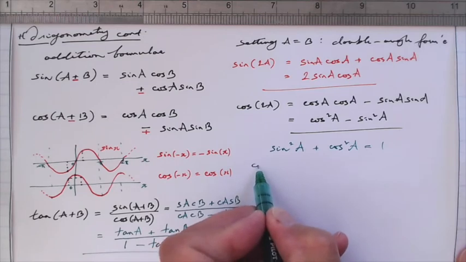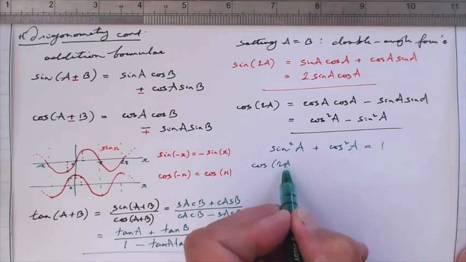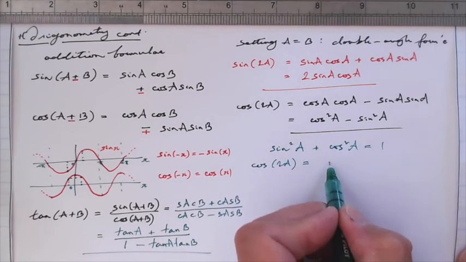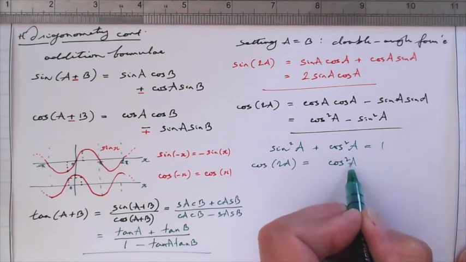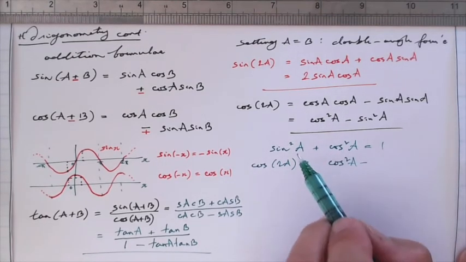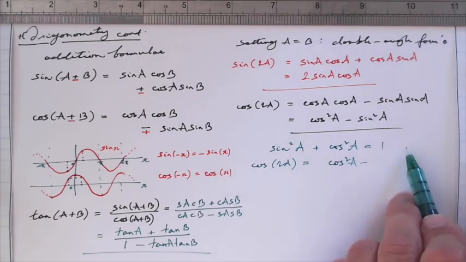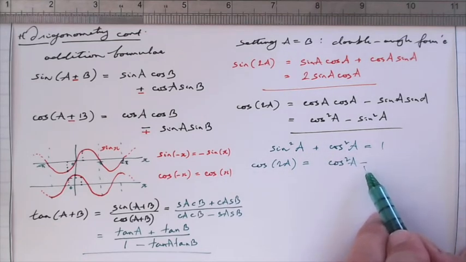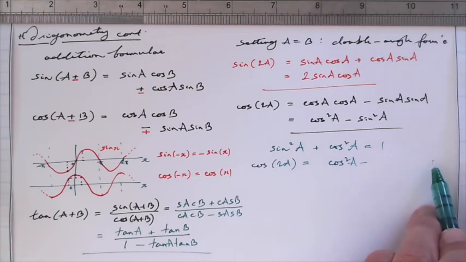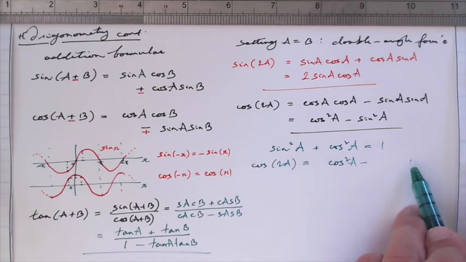So another way of expressing cosine of twice the angle is to write cosine squared of the angle, take away sine squared. But look, sine squared is 1 take away cosine squared. So I would have minus, in brackets, 1 minus cos squared.